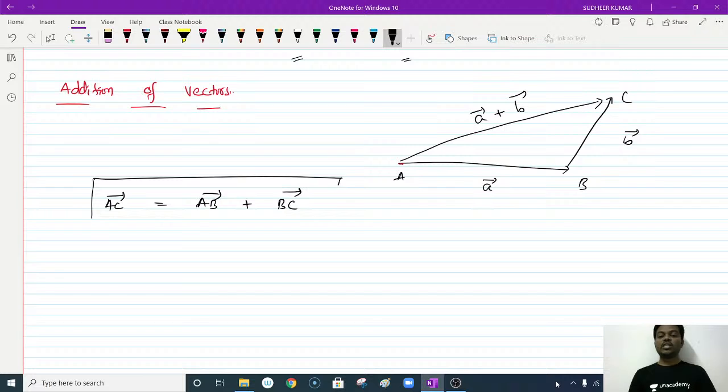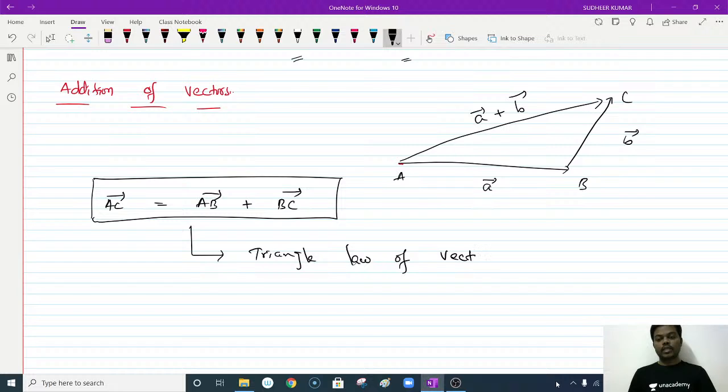If this equation is satisfied, then it is called the triangular law of vector addition. In additions, we also have the parallelogram law of vector addition.